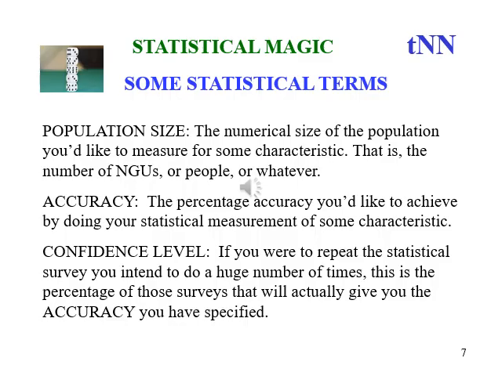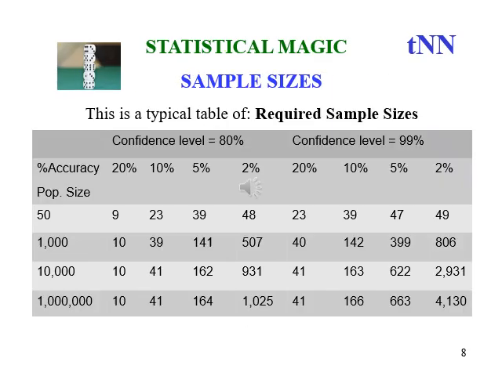Given that, let's go on. This is a sample size table, and on this slide, I'm simply going to indicate that way on the left, where it says pop size, there's a column that gives some possible population sizes, the number of NGUs and so forth: 50,000, 100,000, a million.